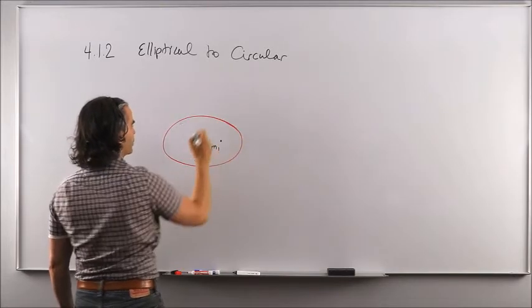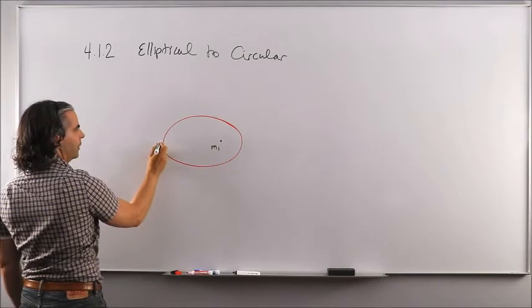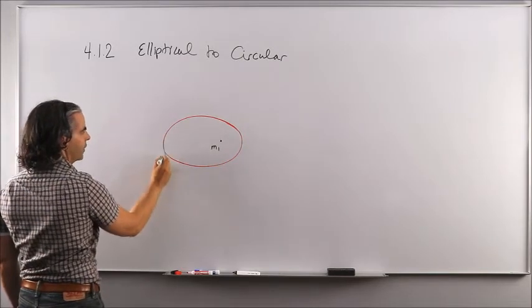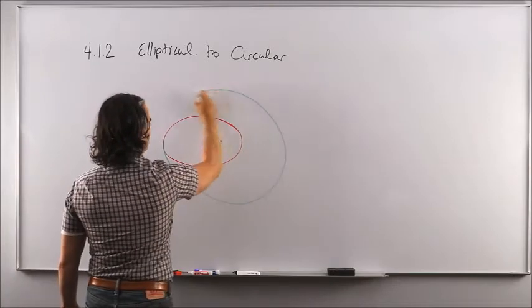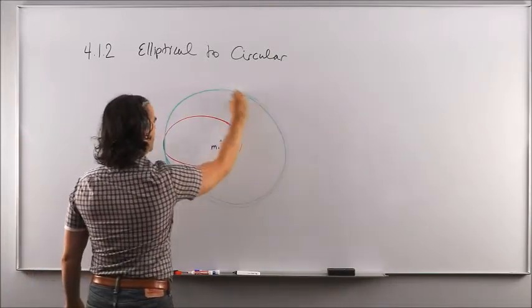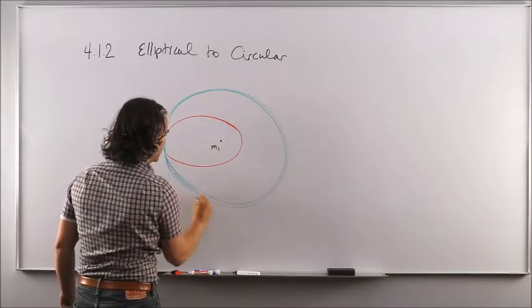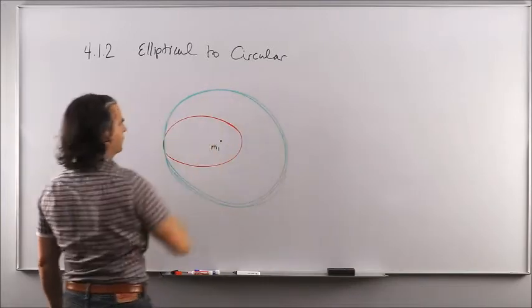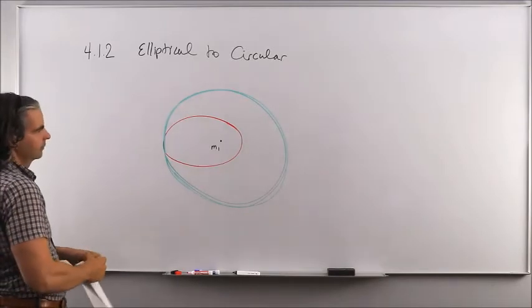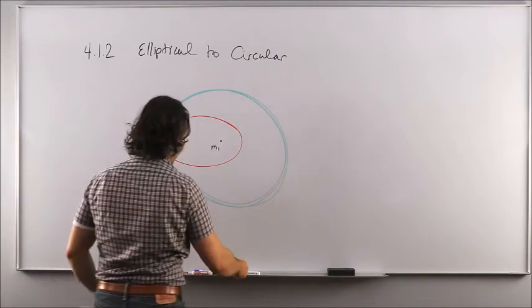So if you want a bigger circle, it means that you need to apply the propulsive maneuver at the apogee and therefore end up with a bigger circle that has radius equal to the apogee distance of the initial orbit. Not too bad, not too bad.